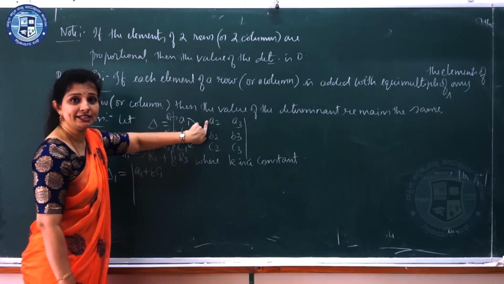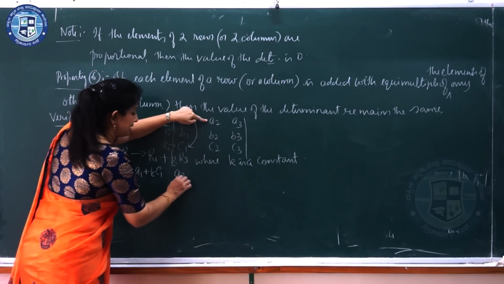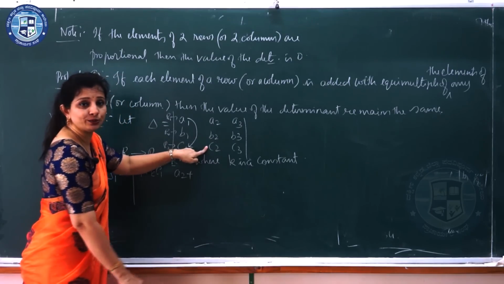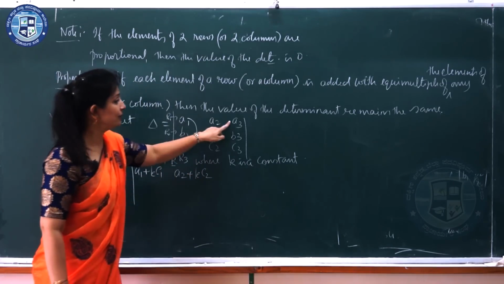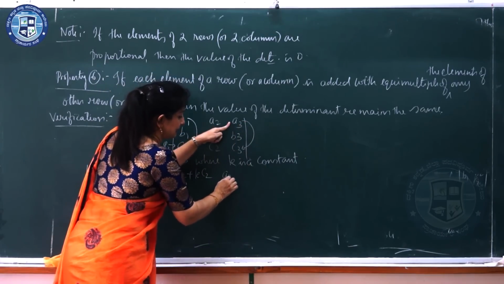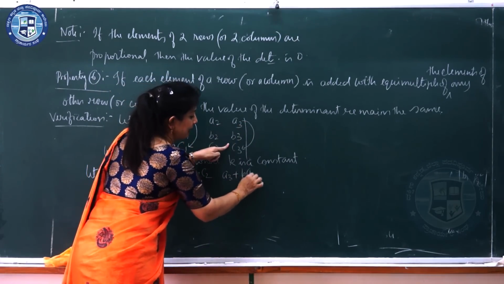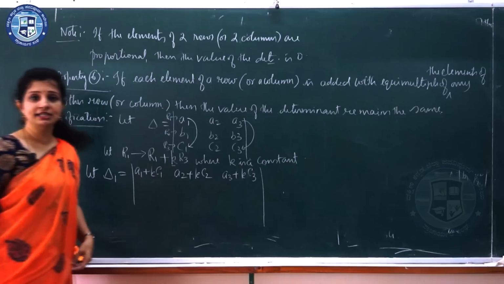Similarly for the second element: A2 plus k times C2. The third element: A3 plus k times C3.